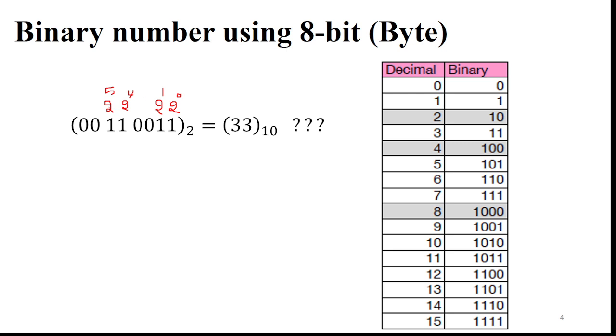So if we add these values, 2 power 0 is 1, plus 2 power 1 is 2, 2 power 4 is 16, and 2 power 5 is 32.